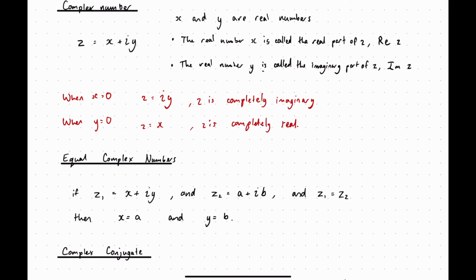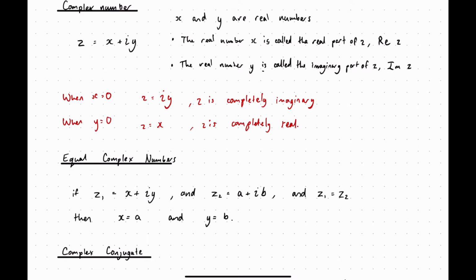If you know that z1 is equal to z2, then that must mean that the real parts are equal, so x is a, and the imaginary parts are equal, so y equals b. So if two complex numbers are equal, the real parts are equal, and the imaginary parts are equal. That's useful for something you can use later.